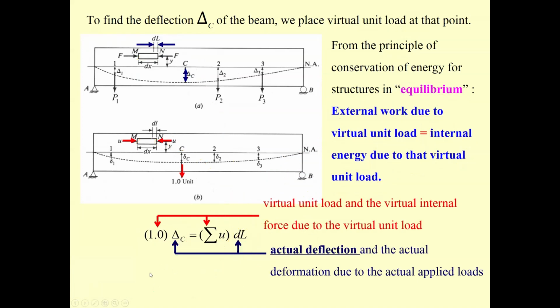There are two things on this virtual work equation, the 1.0 and u. 1.0 is the virtual unit load. The virtual unit load causes the virtual internal force and also moment. It can be u, it can be m.